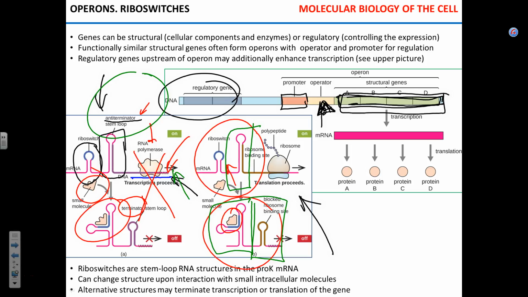Now, what can those little molecules be? Remember we talked briefly about quorum sensing, when bacteria produce chemical mediators that regulate, for example, population density, or pigment production in Serratia. When they grow in dense populations, they produce white colonies.